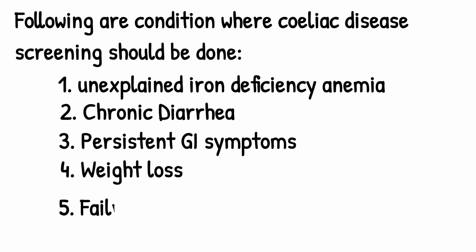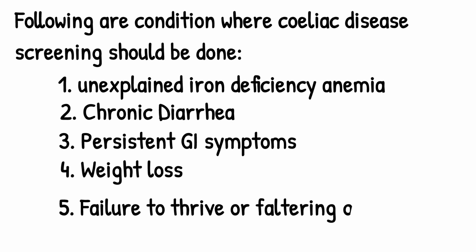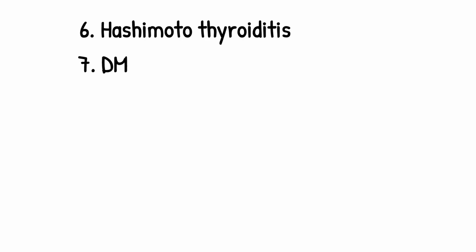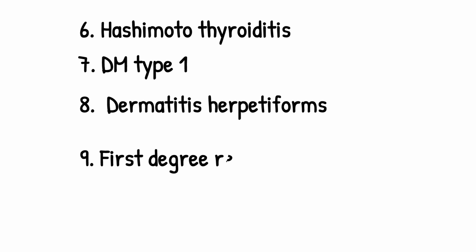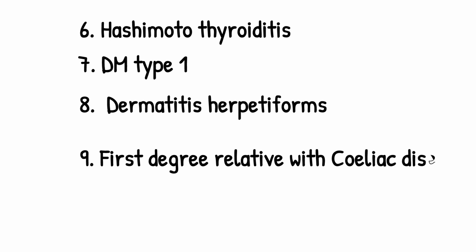Weight loss and failure to thrive in children, where the patient or baby is not achieving proper growth, should be screened. A patient diagnosed with Hashimoto thyroiditis should be screened for celiac disease. Type 1 diabetes patients should be screened, and patients, as discussed earlier, having dermatitis herpetiformis should be screened. And definitely, a first degree relative with celiac disease should also be screened.